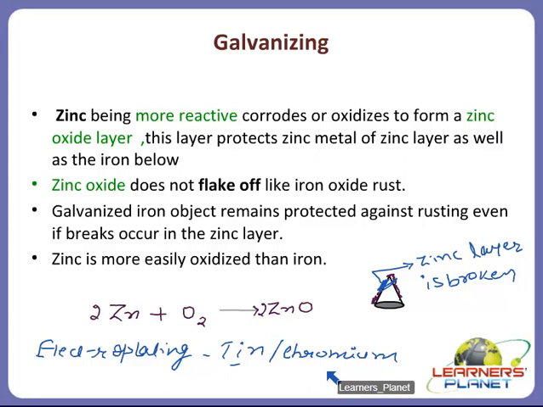Your tiffin boxes are electroplated with tin, because tin is not poisonous and neither does it harm the food. So tiffin boxes and other utensils are plated with tin, and high quality utensils are plated with chromium. So these are certain methods, children, by which we can protect a metal.